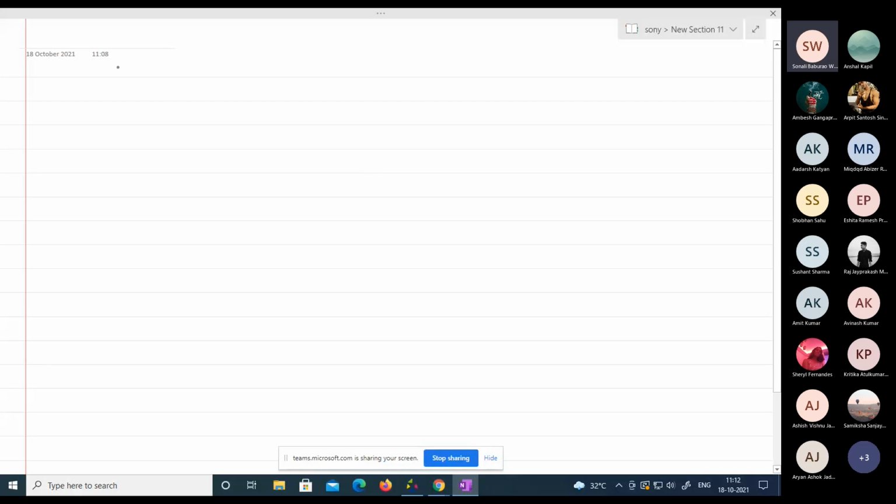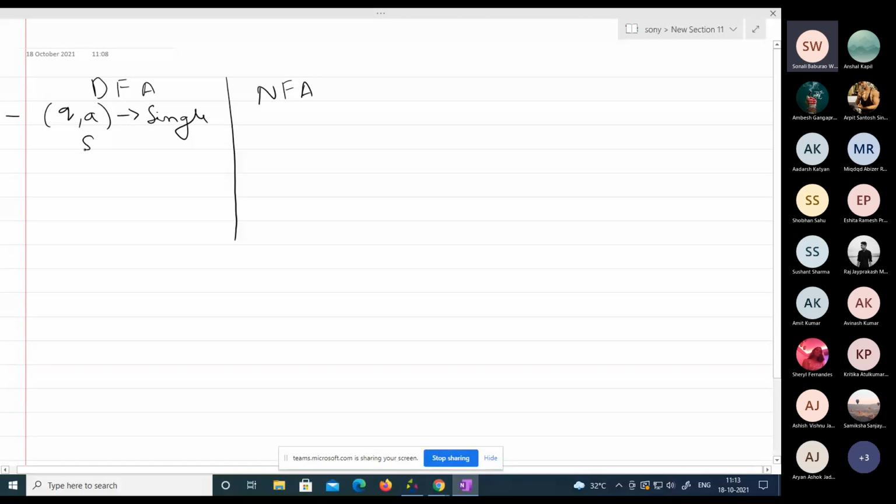So the difference was that, let's see DFA and NFA again. I had given this, I think most of you have written it also. In DFA, if you have a state with an input, there can be a single state only which is accepted.